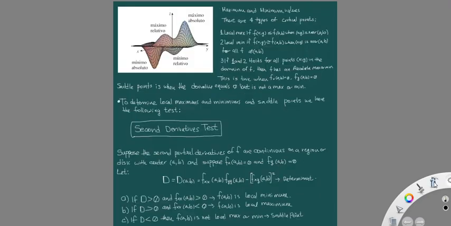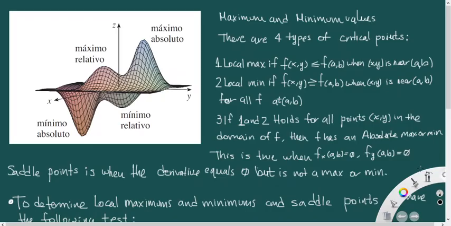We can say that here in the top of this hill, the derivative, or the partial derivative, let's say with respect to x or with respect to y, will be zero.